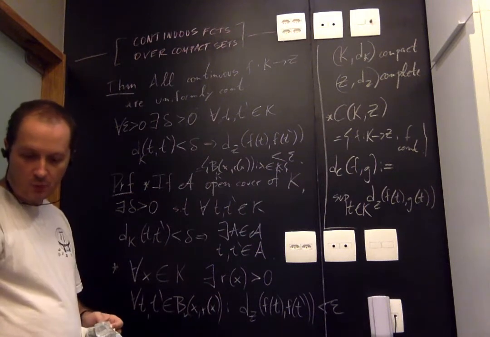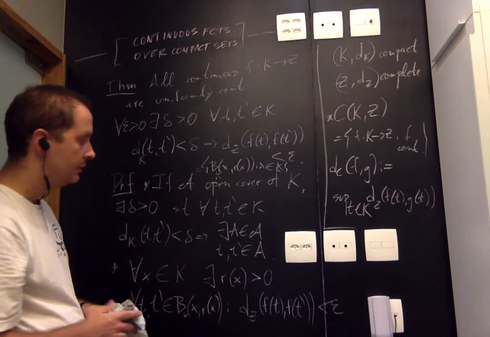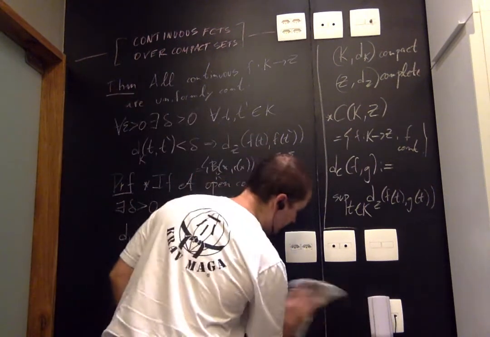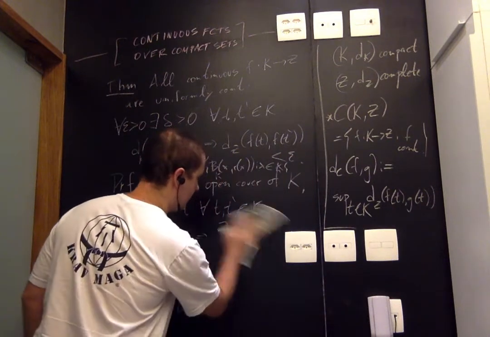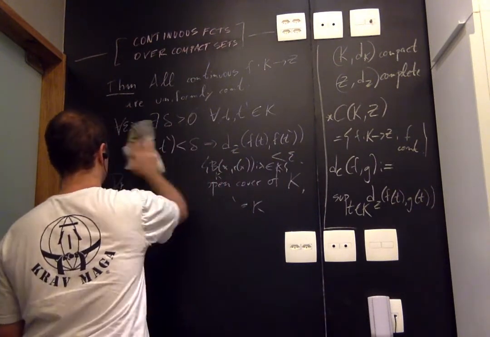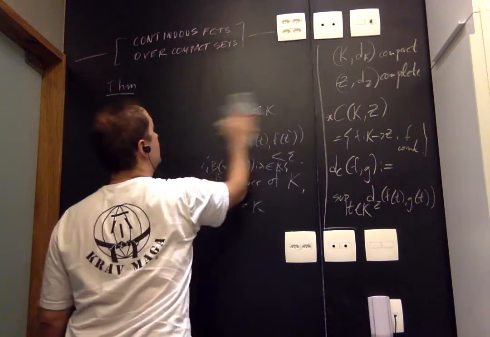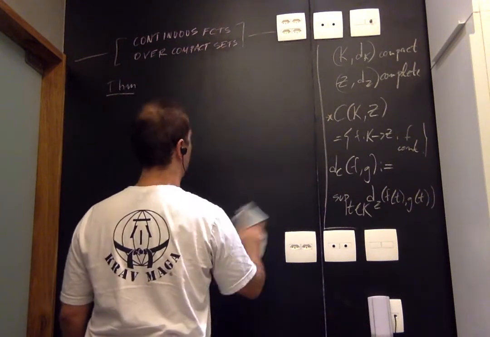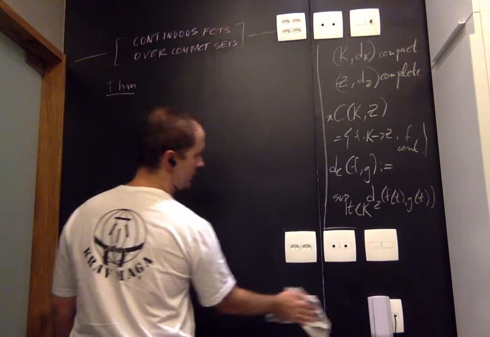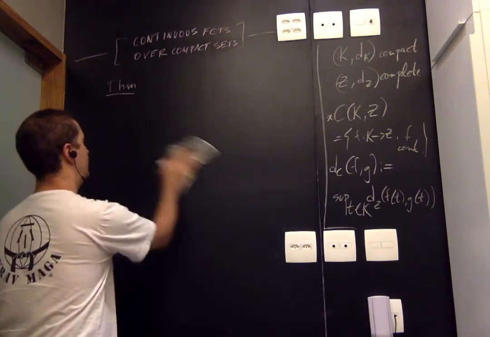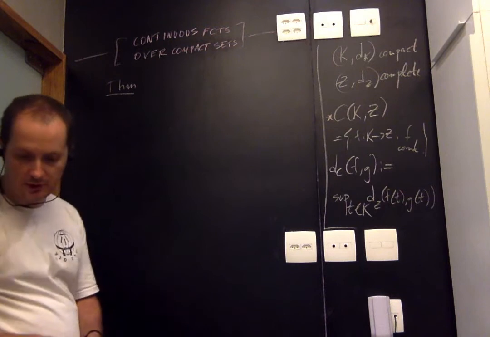Now I want to prove something more general, but about the whole set of functions. It's going to be more like a sketch of a proof, because it's based on things that we already know.